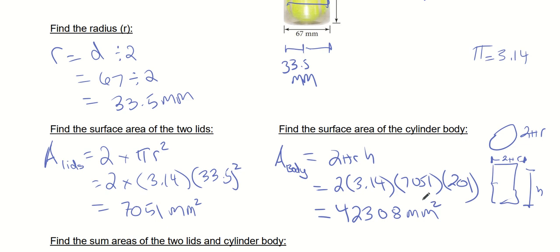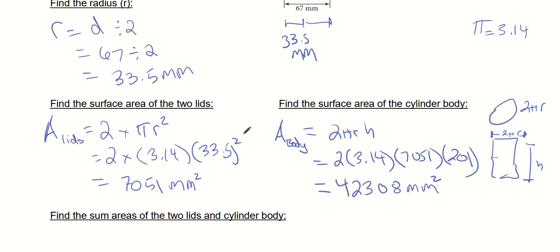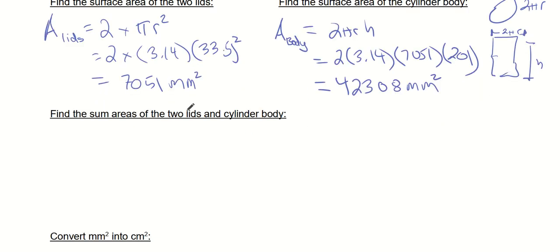And so now we have the area of the lids, 2 lids, and the area of the cylinder body. Now we just have to combine everything together. So I can say total area, or I can just say, well, because we use the word sum, I'm just going to use area sum, which will equal the area of the lids plus the area of the body.